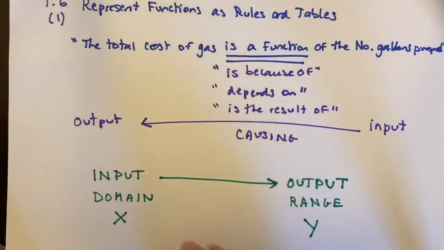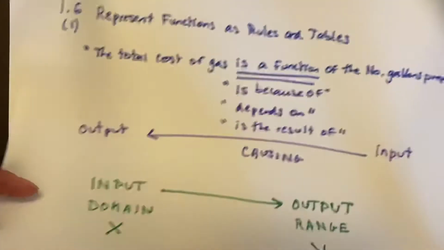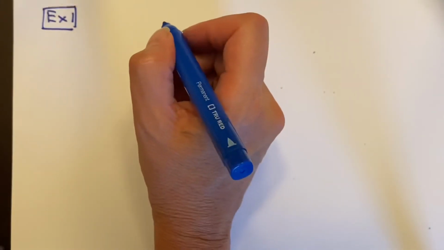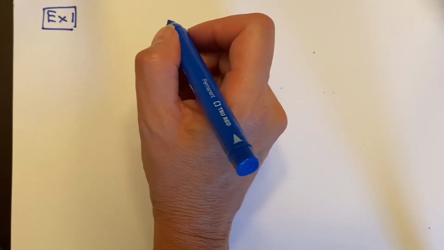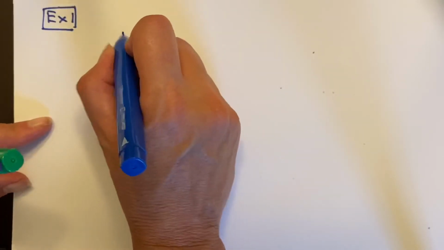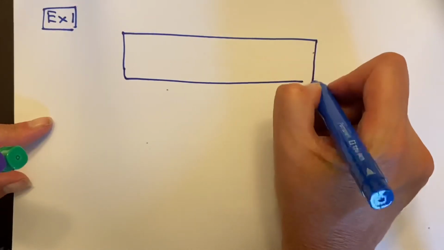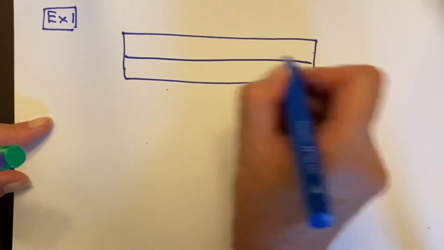So let's look at what that means in terms of this particular problem with pumping gas. So we're going to draw a table. Exercise 1 is really the continuation of that same problem. We're pumping gas, okay? And the book is great in that they've drawn a table for us of what that looks like. Now you could have anything in that table, okay?